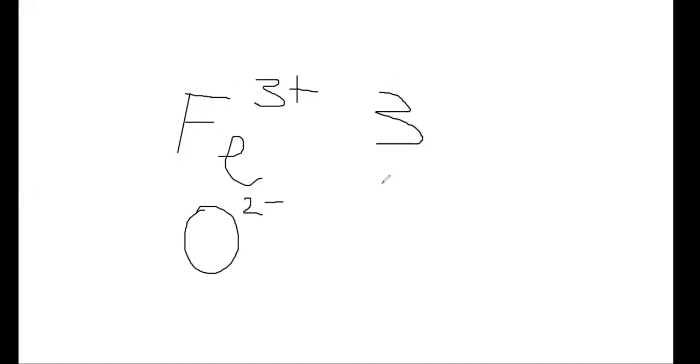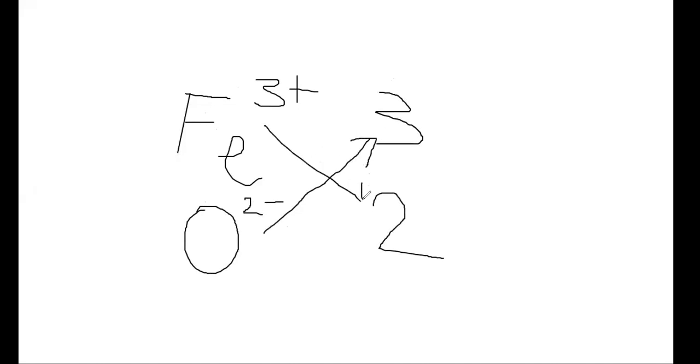Okay, so you've got your Fe, it's 3+, and it's bonding with oxygen. So your oxygen is O2-. So you look at the charge here. The charge here is 3, right? And the charge here is 2. So you do the crisscross.